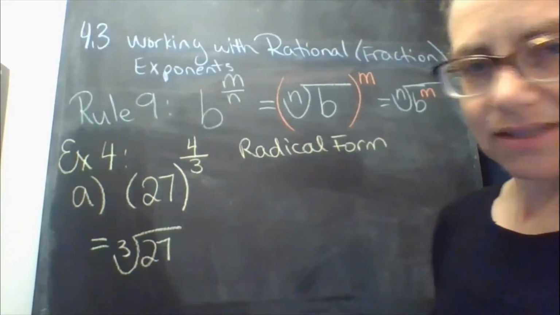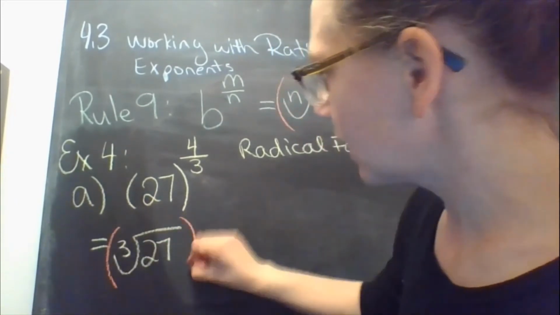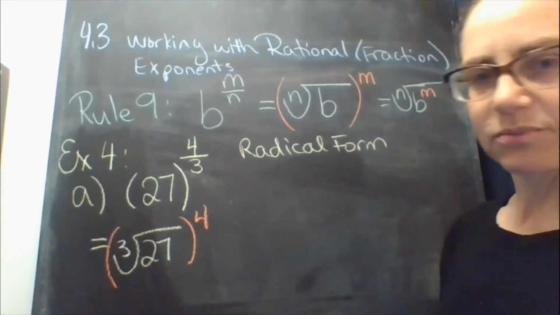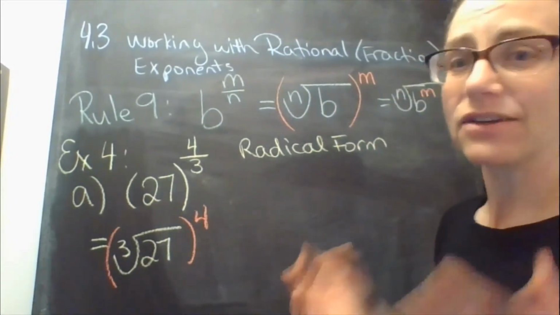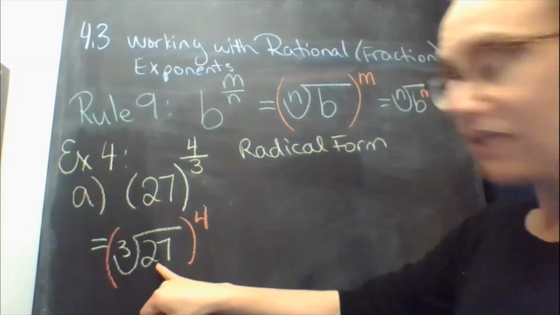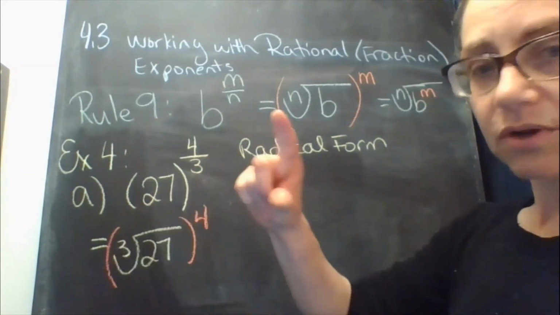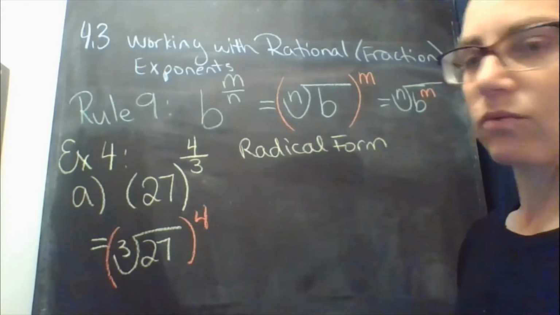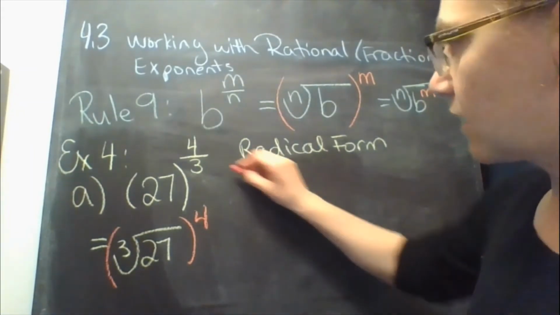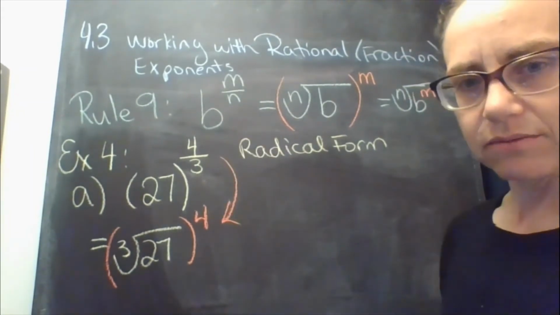And I always like to do that part first before I calculate anything to the upper exponent. It just makes life so much easier because then you're dealing with littler numbers. So I'm going to take my big number, and when I take the cubic root, I'm going to make it smaller, and then I can worry about making it bigger. So radical form is what I did to here.